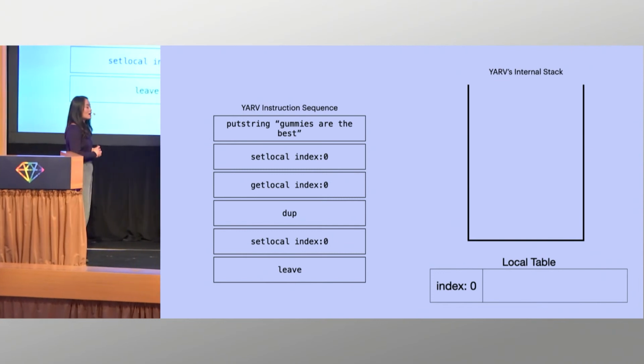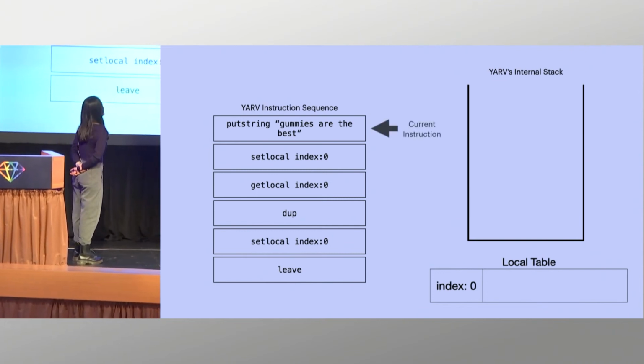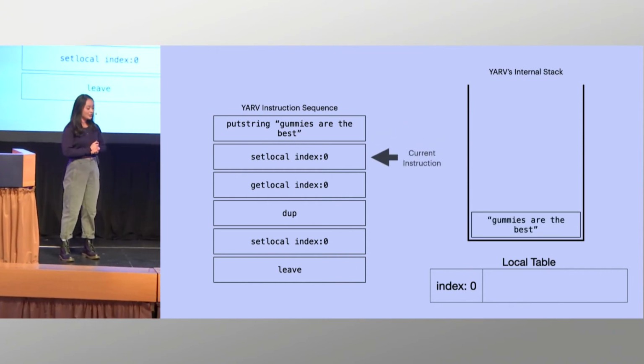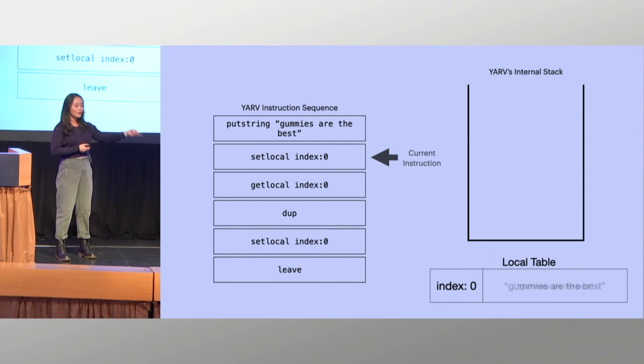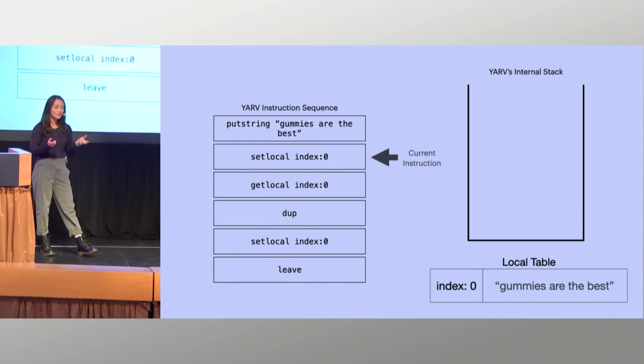So let's take a look at how the Ruby VM would execute these instructions. Put string, we know, pushes the string onto the stack. And then set local at index 0: we pop the first object off the stack and set it. Just a note here, this is just for visualization purposes, but in reality, Ruby actually manages local variables a little differently.